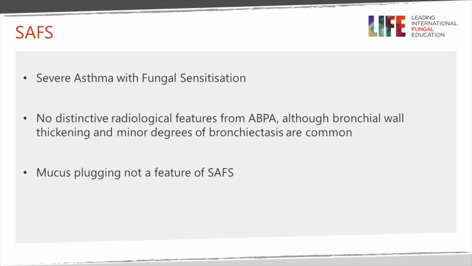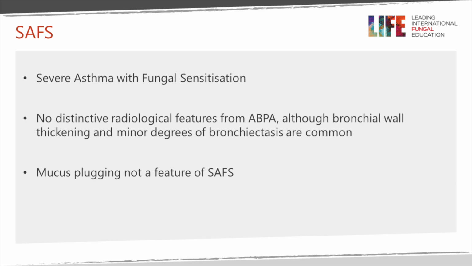I said we'd talk briefly about SAFs, which is a patient with severe asthma who has a sensitivity to fungi, but they don't actually develop the plugging. So if you see plugging, you haven't got severe asthma with fungal sensitization, but you still have got the bronchial wall thickening and a minor degree of bronchiectasis. So I think there are helpful features.